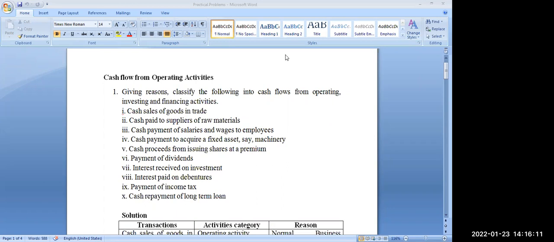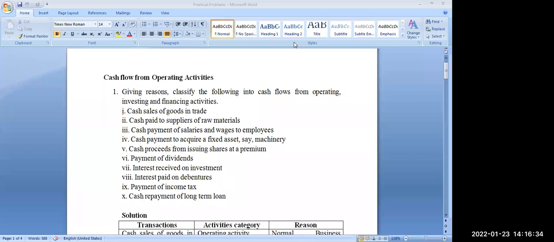Inflow or outflow? Inflow. Next, cash paid to suppliers for raw materials. This one is an outflow, operating activity outflow.